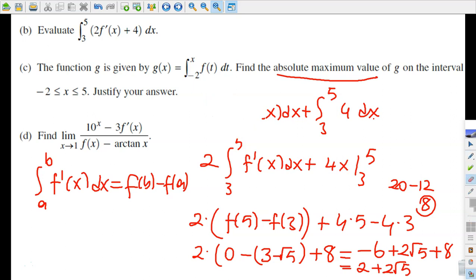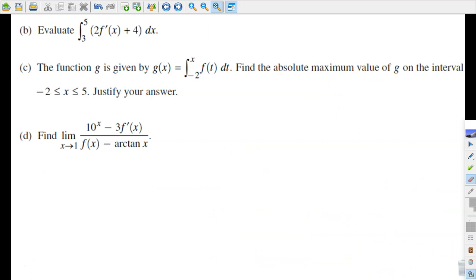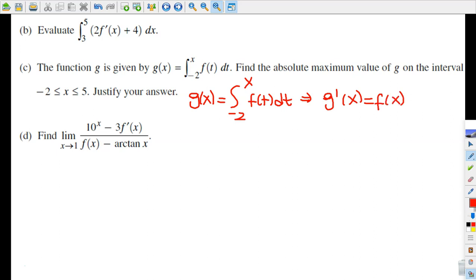Alright, so let me clean up the board first, and let's focus on part C. Okay, so if g of x is defined this way, from negative 2 to x of f of t dt, and if I differentiate both sides, we're going to get g prime of x equal to f of x. So basically every f of x value is also a g prime of x value. Alright, so it says find the absolute maximum value of g.